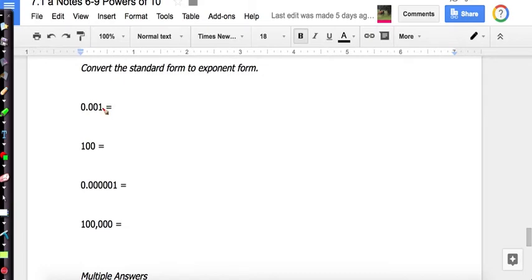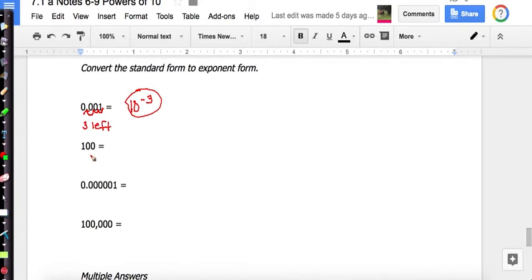So we could start here, and let's count how many places it takes till we get to the decimal. 1, 2, 3. So I'm going to draw an arrow saying that I moved to the decimal, and we went 3 to the left. So should my exponent be negative or positive? Good, it should be negative. And because I went 3 places, it's 10 to the negative 3rd.